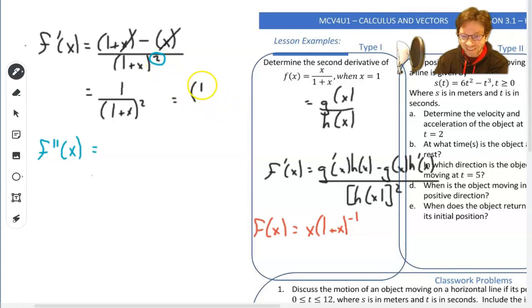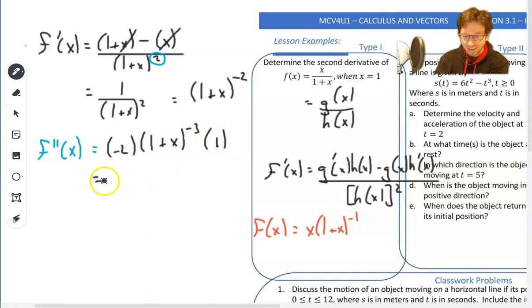So that is just 1 plus x to the minus 2. Okay, so the derivative of that then is just bring the minus 2 out in front, times 1 plus x, subtract 1, so minus 3, times the derivative of inside the bracket, which is just 1. So that gives us minus 2 over 1 plus x to the power of 3.